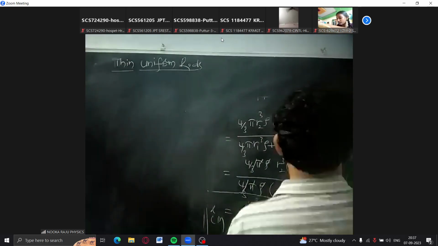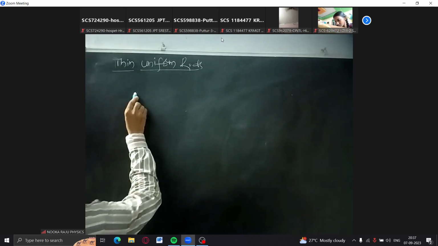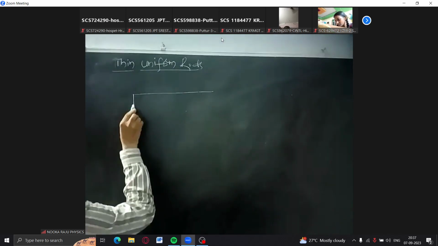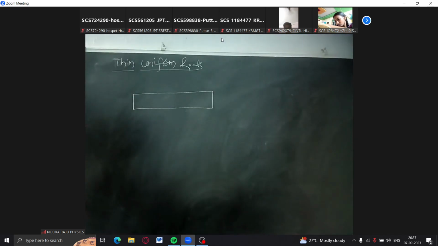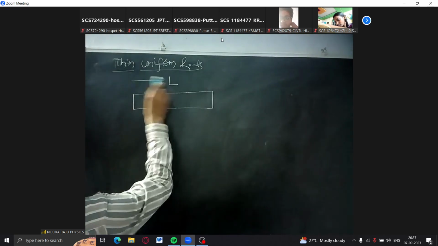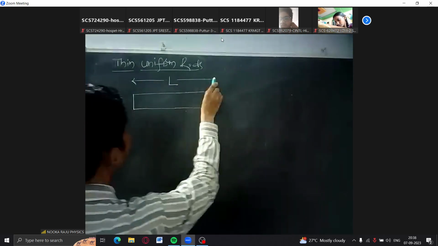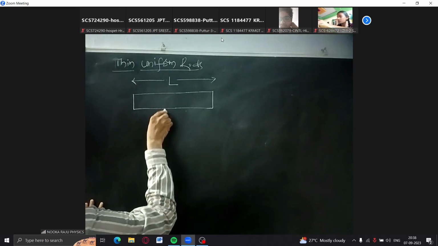I would like to arrange a shape like this. This is a uniform rod of length L. The length of this uniform rod equals L.